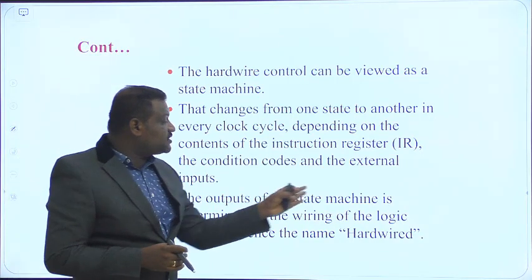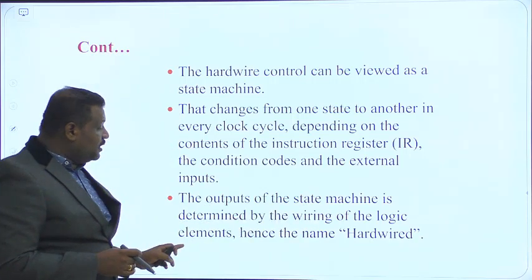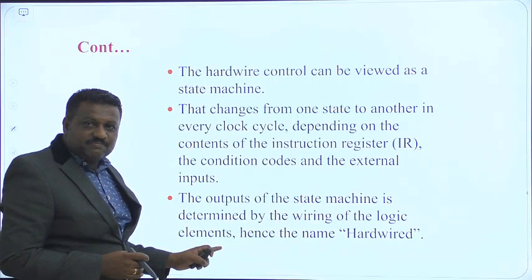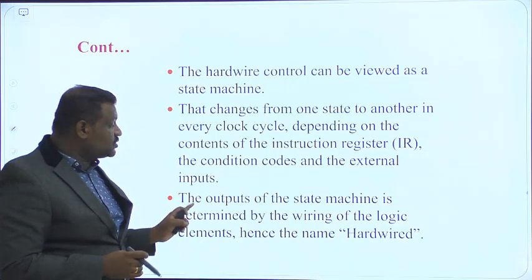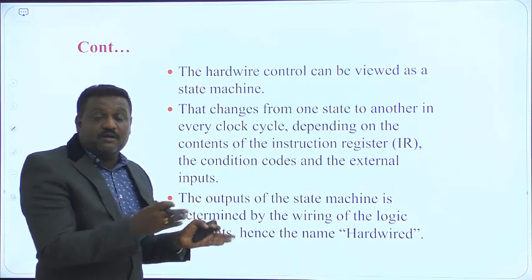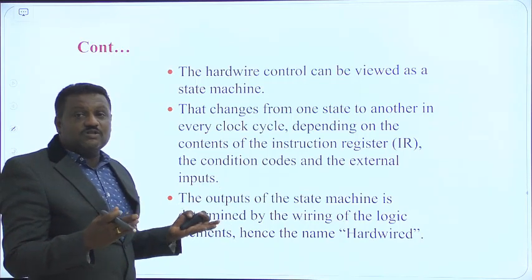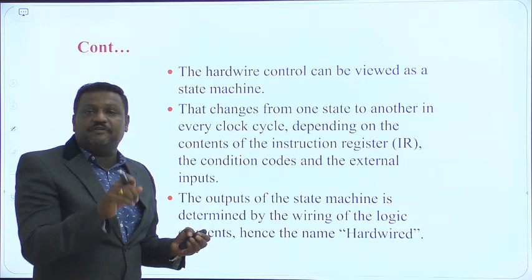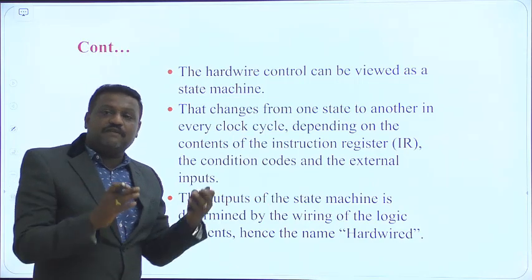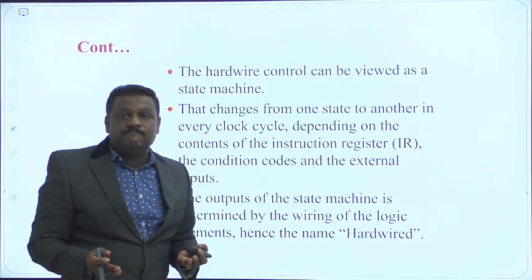The outputs of a state machine are determined by the wiring of logic elements. That is true, because the outputs of a state machine are nothing but the outputs of your encoder, which are our control signals. Those control signals I get just by wiring different logic. That means AND gate outputs are given to the OR gates, then the OR gate output is created as my control signal.